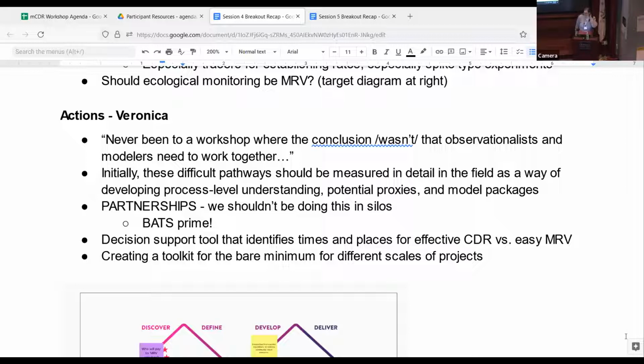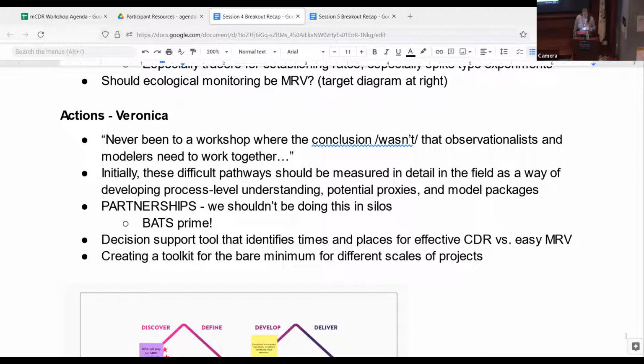That was an example here of a site where there's already been a lot of ongoing monitoring across a lot of different parameters. Another potential action was to create decision support tools that identify times and places that are ideal for effective CDR, but these might be somewhat different from the locations where MRV may be more optimal based on existing infrastructure or other characteristics of locations.